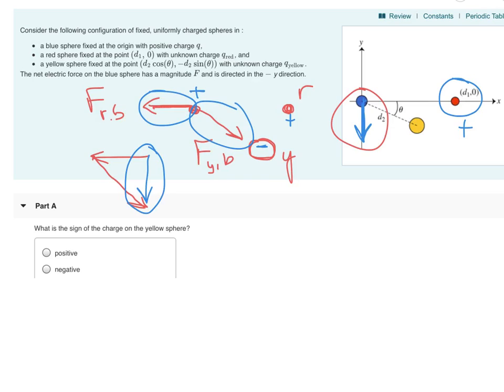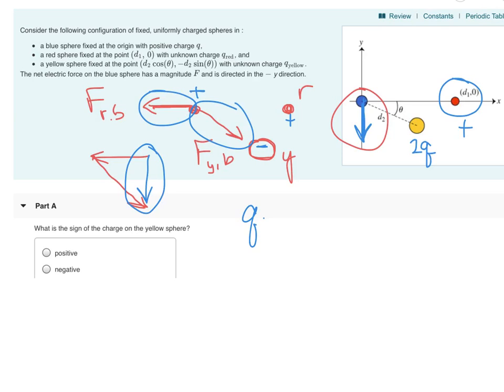Then in part C, it's going to ask about the magnitude of the net force on the blue sphere, assuming, I think, the yellow has a magnitude of 2q. Let me check that. Okay, it wants to know what the charge on the red sphere is.